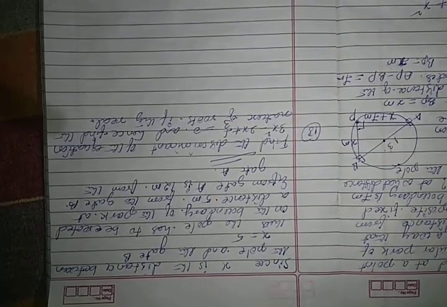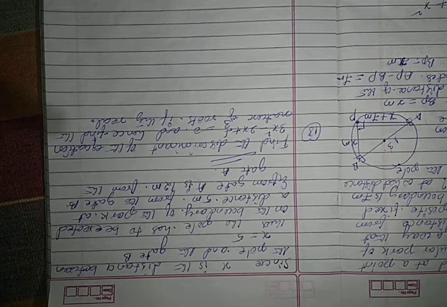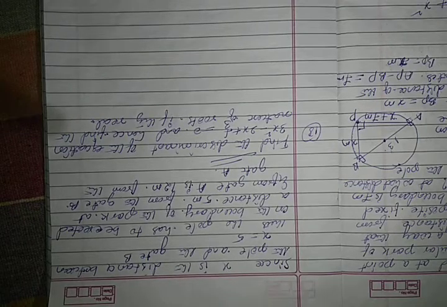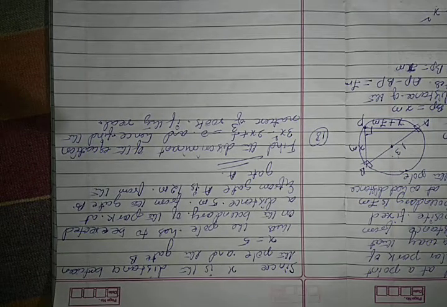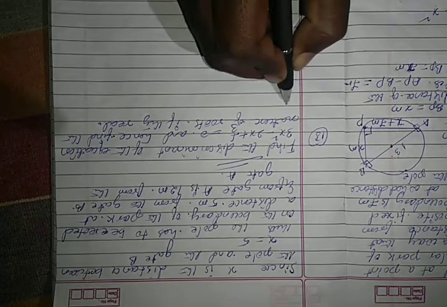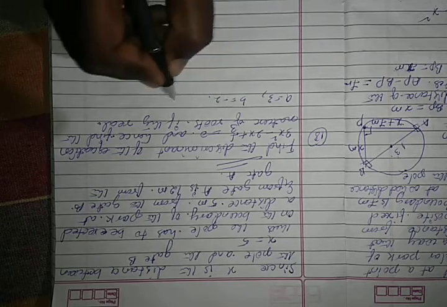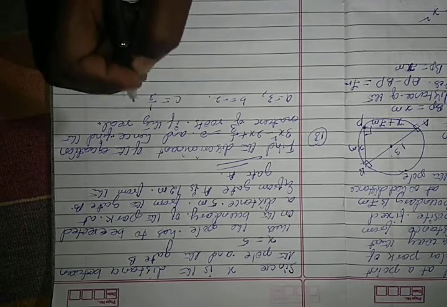So let us see the next question. Find the discriminant of the equation 3x squared minus 2x plus 1 by 3 is equal to 0, and hence find the nature of the roots if they are real. So the value of A is 3, the value of B is minus 2, and the value of C is 1 by 3.